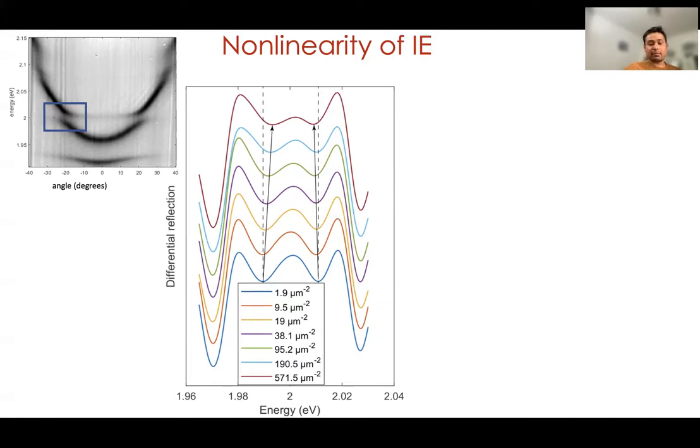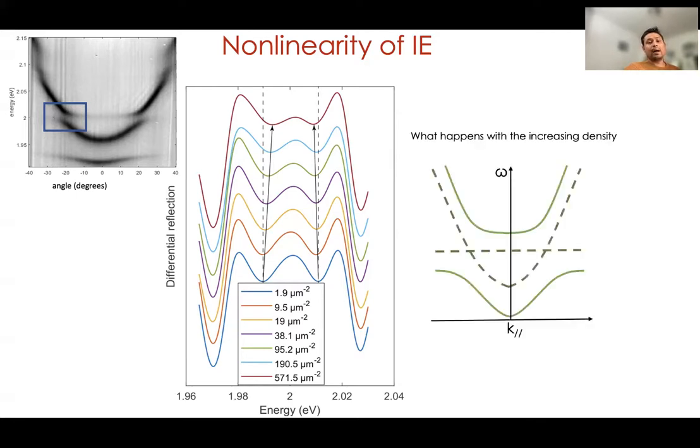The two dips in the middle, which are marked by the dashed lines, come from the lower and the upper polaritons of the interlayer excitons. We see they come close to each other, which is a sign of nonlinearity.